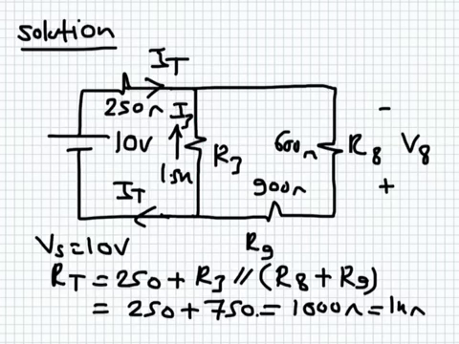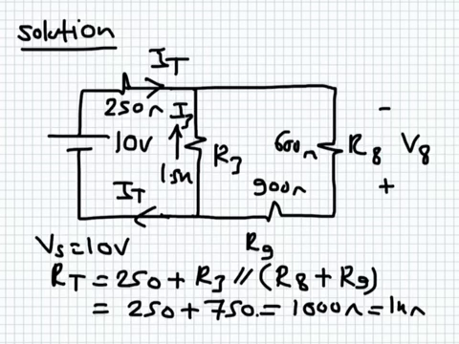So the total input resistance is simply the series combination of these two in parallel with this one, and their equivalent resistance is in series with 250 ohm. So in just one line I can say the equivalent resistance seen by the source is 250 ohm plus this parallel combination. This parallel combination is R8 in series with R9, and it is in parallel with 1.5K.